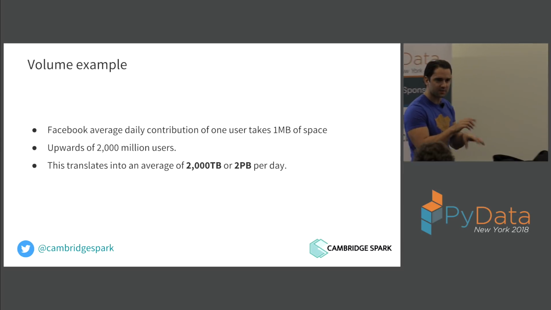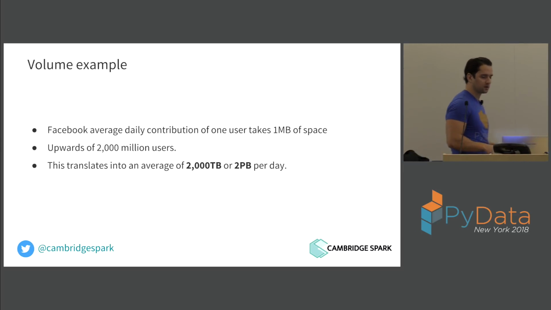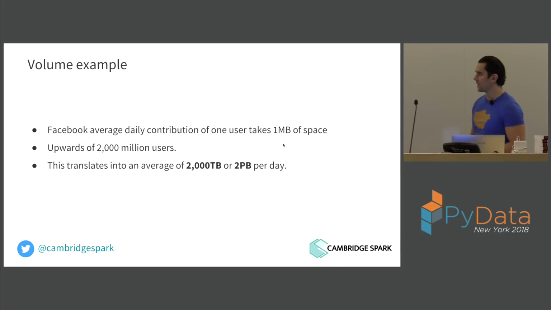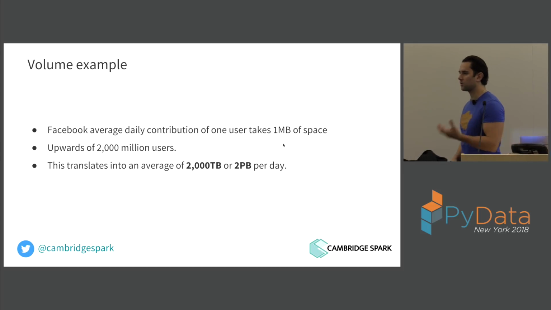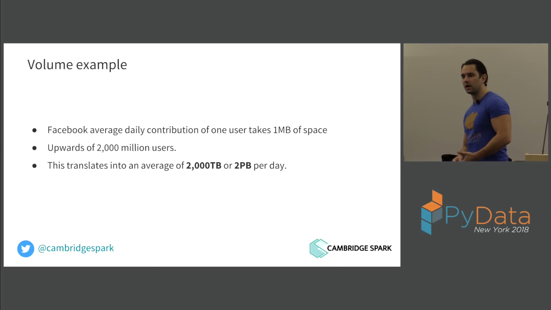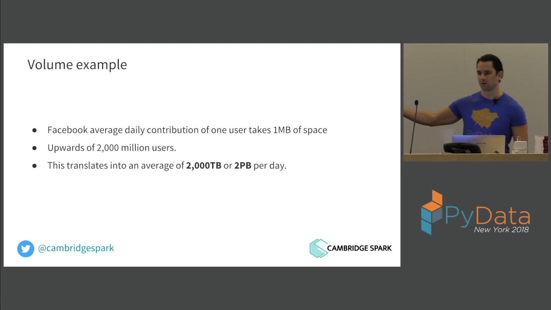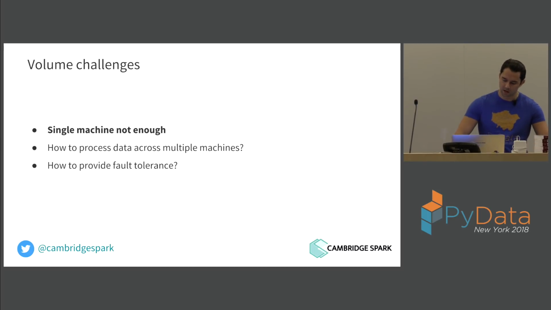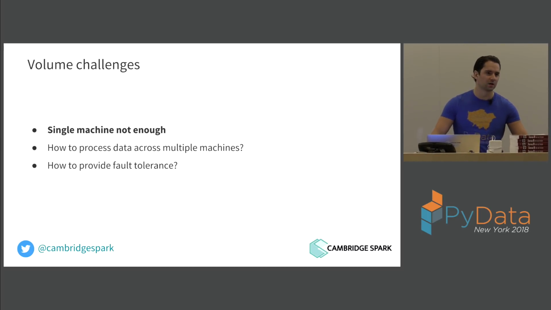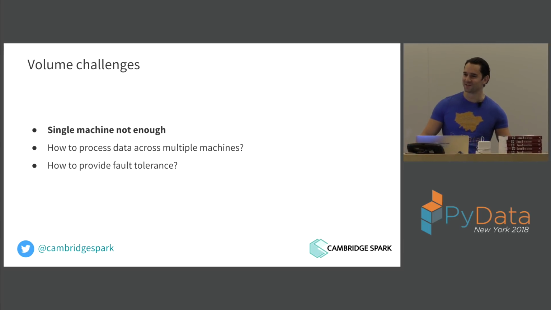Just the status, the liking stuff, 1 megabyte of metadata. That's about 2 petabytes a day. And that's not even counting redundancy. So, in case some server crashes, do we have backups of the data of our users? So it's even more than this. But just to put things into perspective, there are clear challenges with this amount of data. My computer, or Anthony's computer, is not going to be good enough to store all the selfies that Facebook users produce every day.